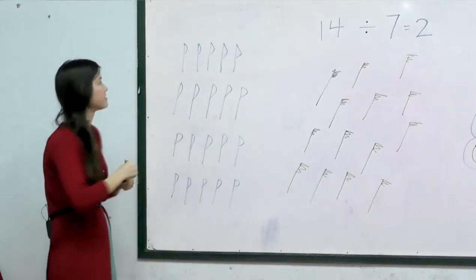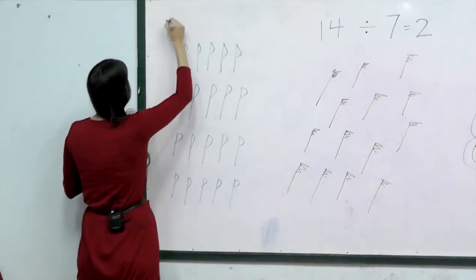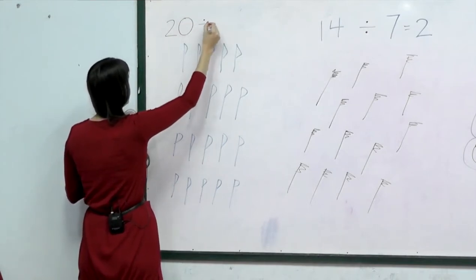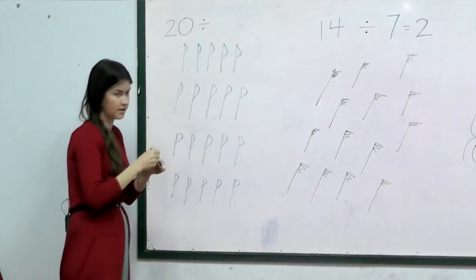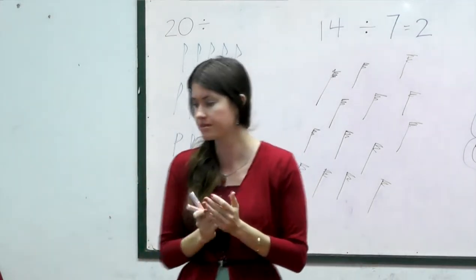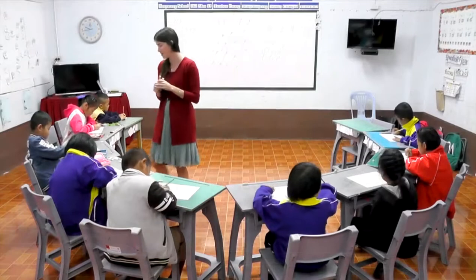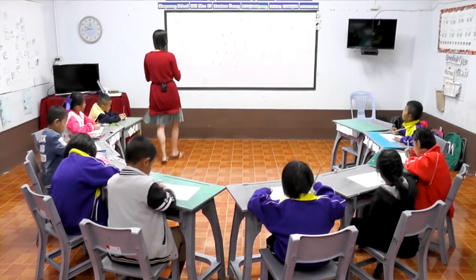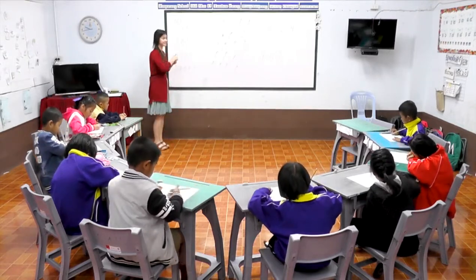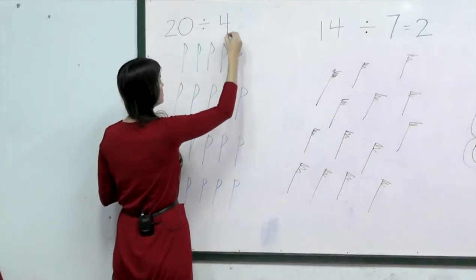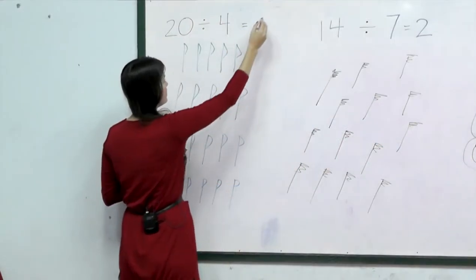Okay, that's a lot of knives. I've got 20 knives. We're going to divide. How many groups does it show for us? 4 groups? Okay. 4 groups. And there's how many in each group? 5. So we have 4 groups. And we have 5 in each group.